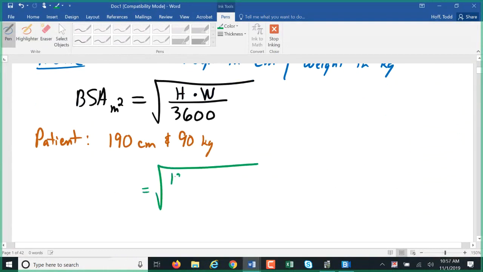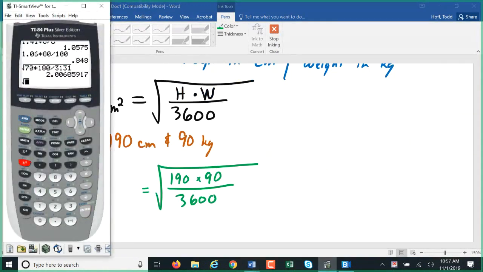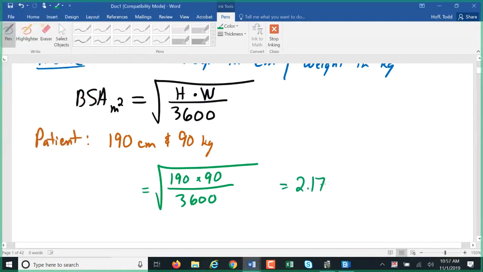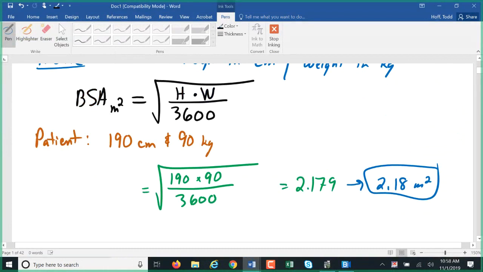Body surface area will be 190 times 90 divided by 3,600, square root. 190 times 90 divided by 3,600 is 2.16, 0.79, which we will round to 2.18 meters squared. Any questions there?